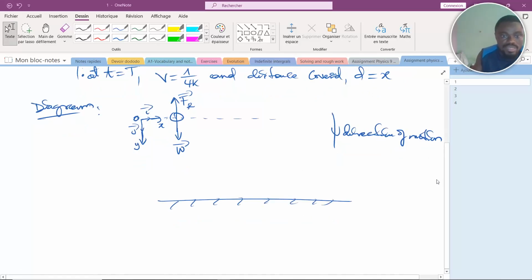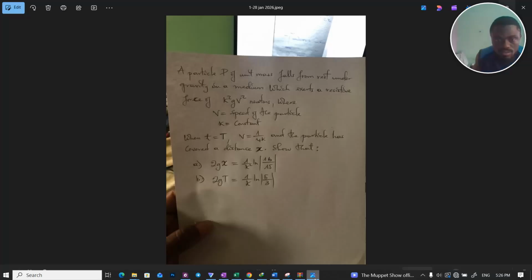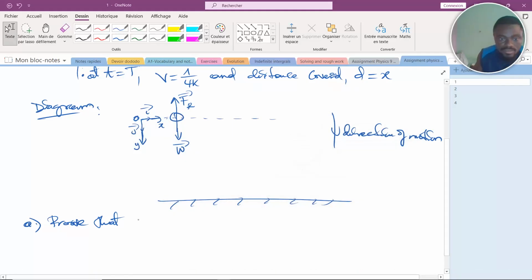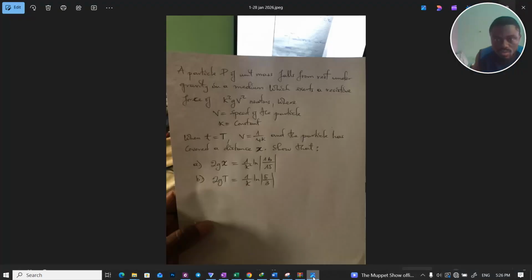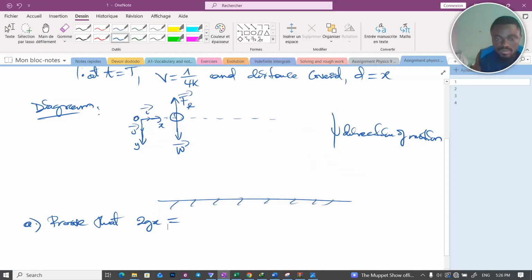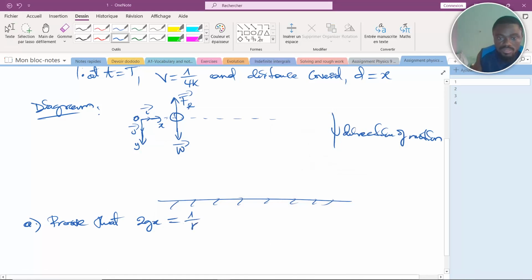So let's do the A. Question A. We are to prove that 2gx is equals to 1 on k squared ln of the absolute value of 16 on 15.